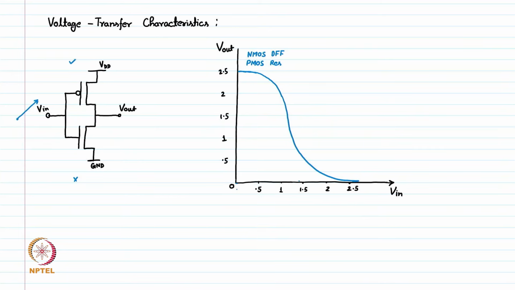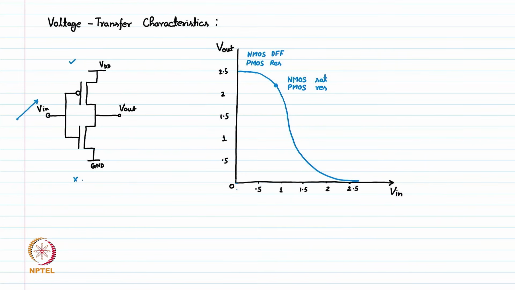This is the complete characteristic. When we start increasing this V in, what will happen? At some point, my NMOS will turn on. When it turns on, it is in saturation region, and the PMOS is still in resistive region.